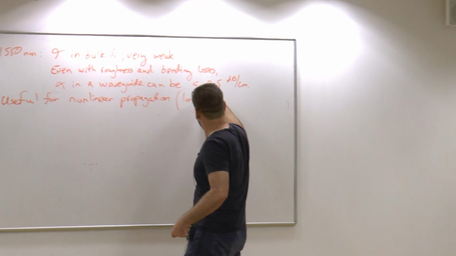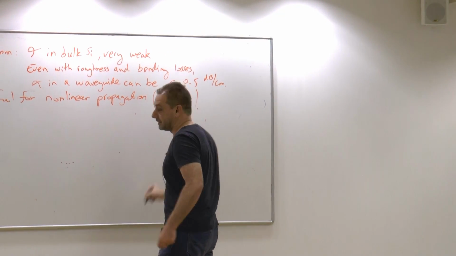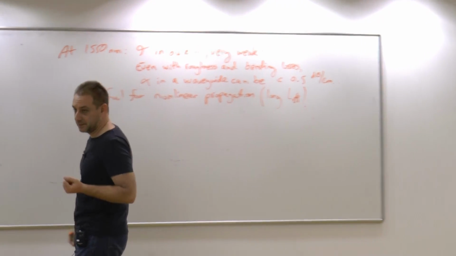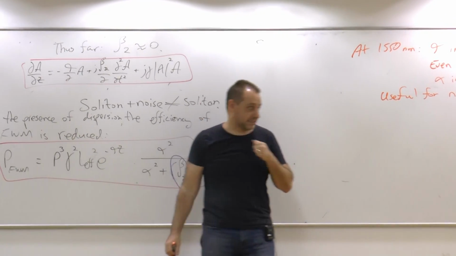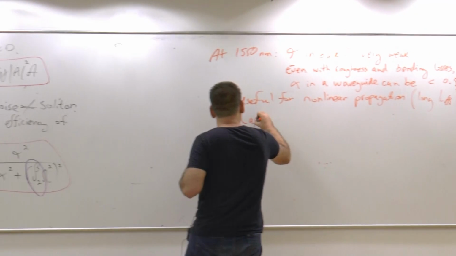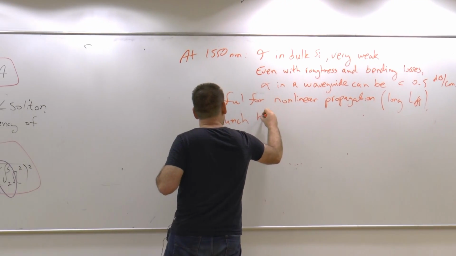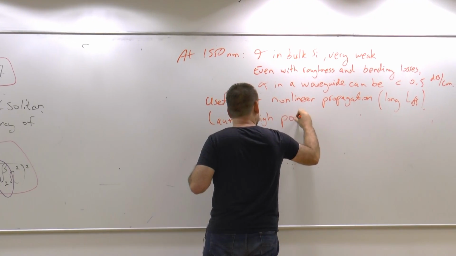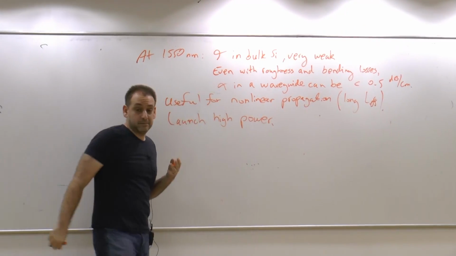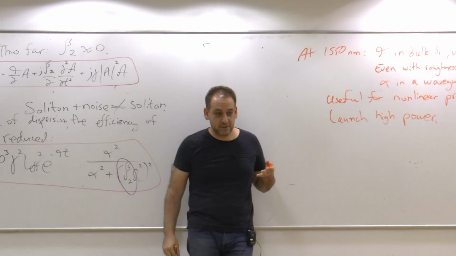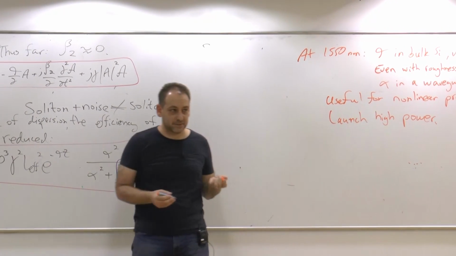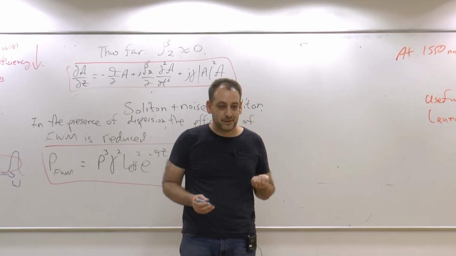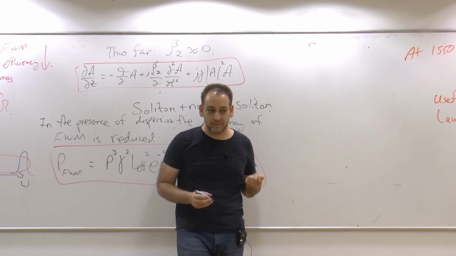Because we have a long effective length, so we can build ourselves a waveguide like this and try to use it. And how do you use it? You launch high power. But then we are in for disappointment, because the material and waveguide that were so nice and transparent before become opaque and they become strongly absorbing.